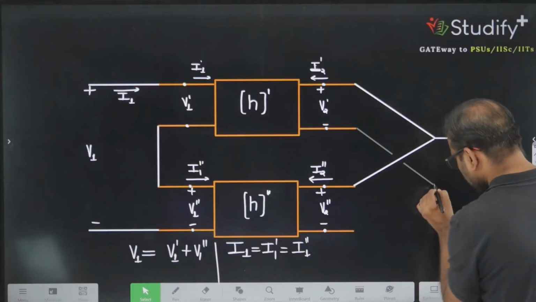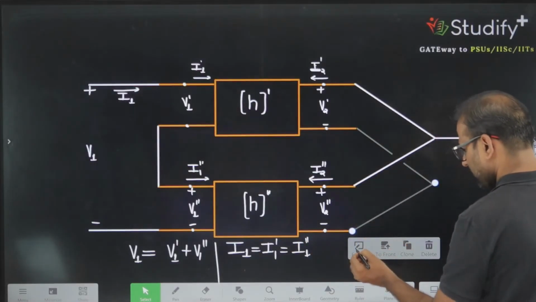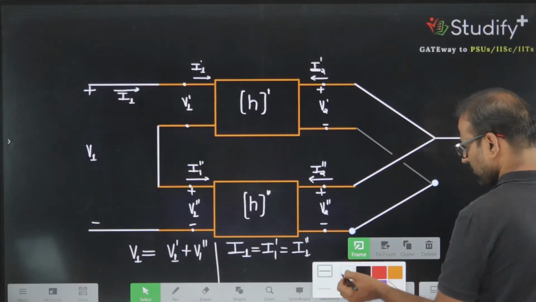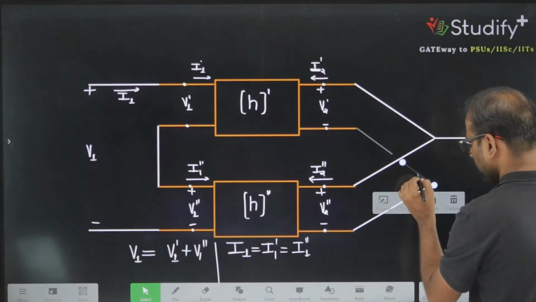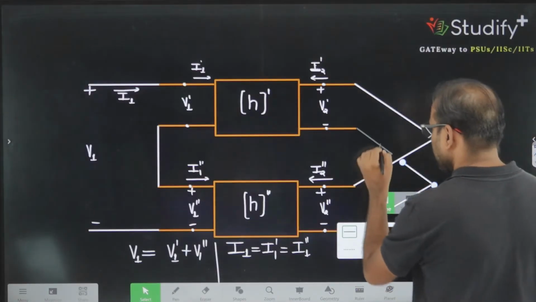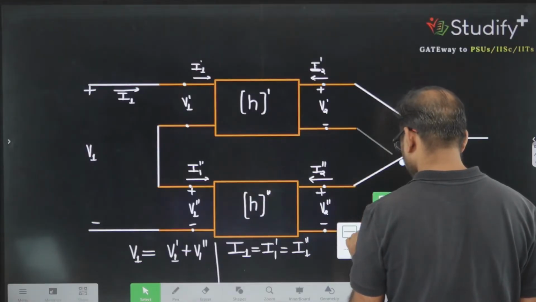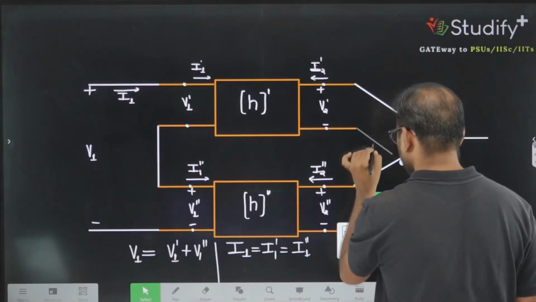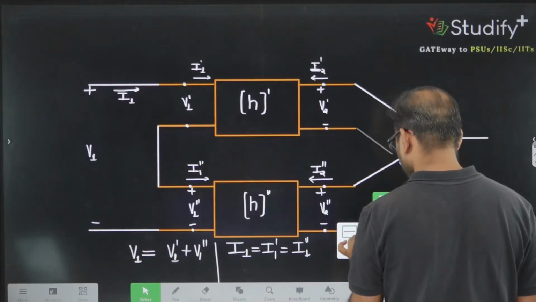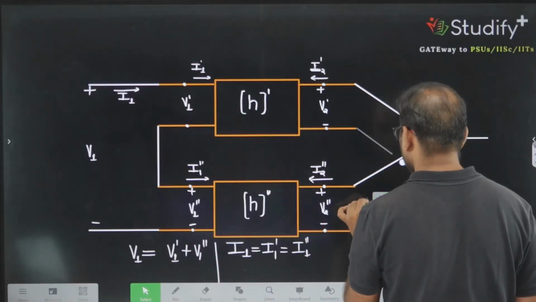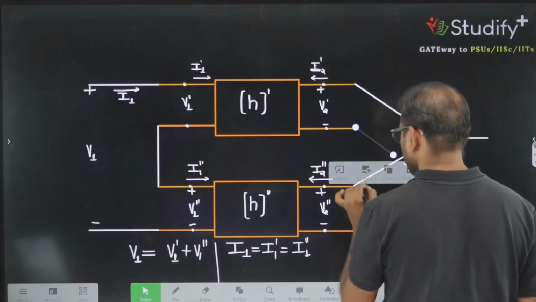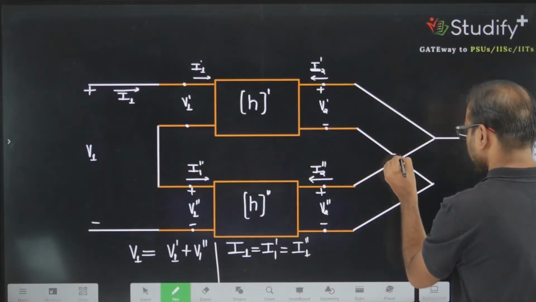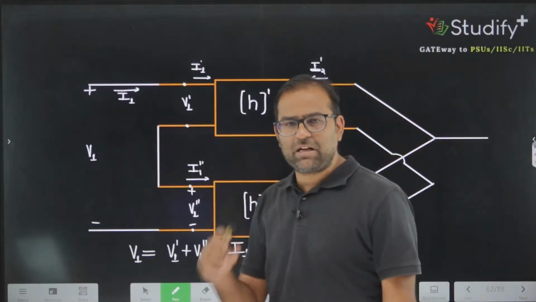Here I can connect all this. Correct? And this is the series and parallel connection of the two-port network.